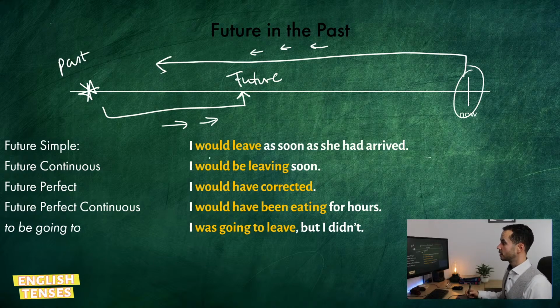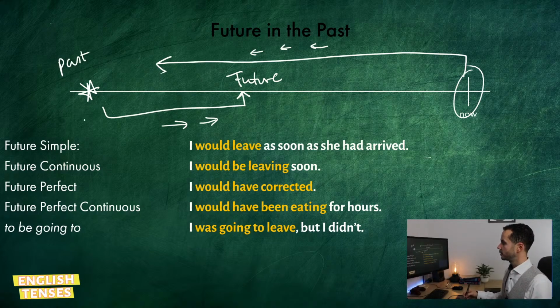So in this case, I would leave as soon as she had arrived. But I wasn't able to leave because she hadn't arrived or something else came up. For the future continuous, we would say I would be leaving soon.